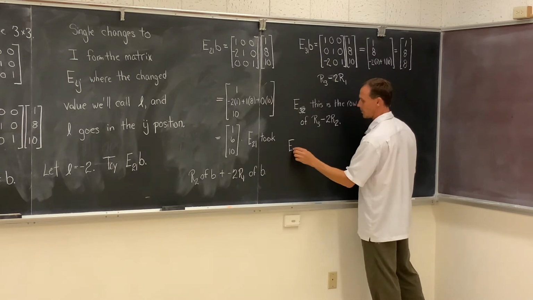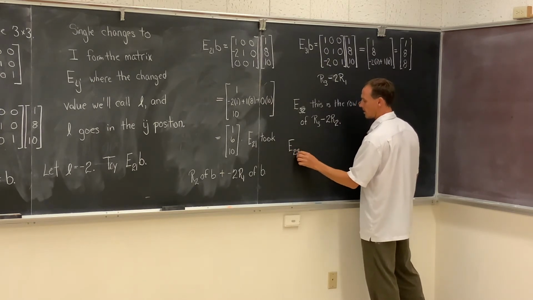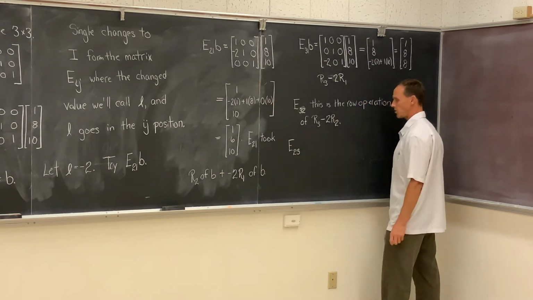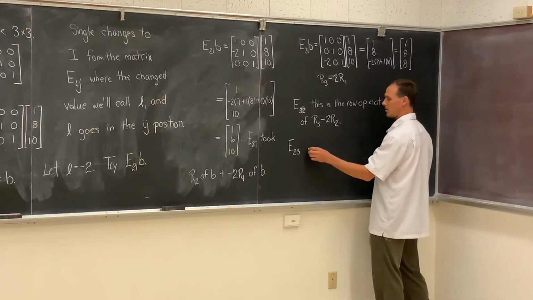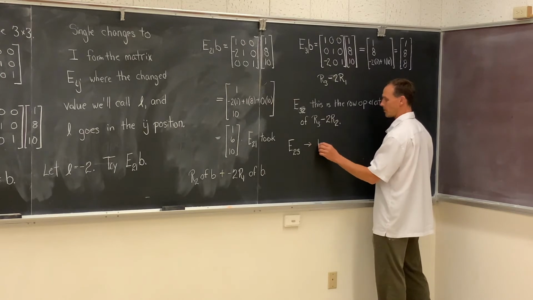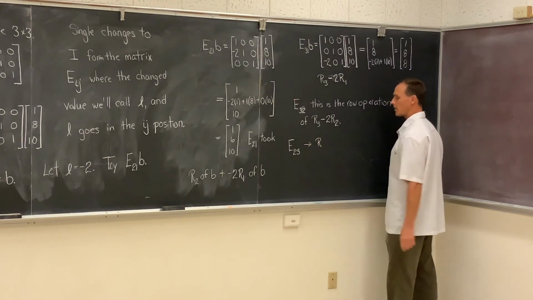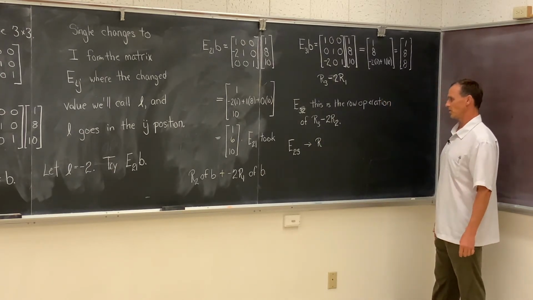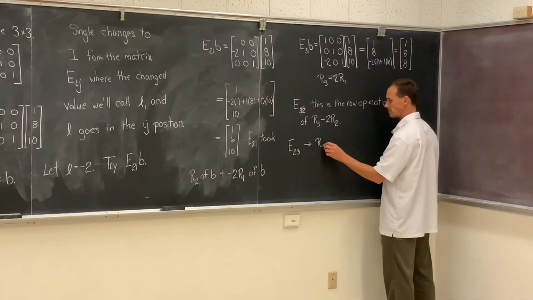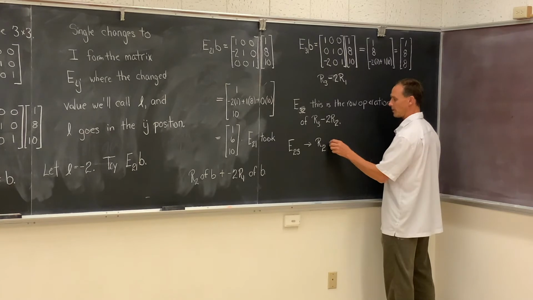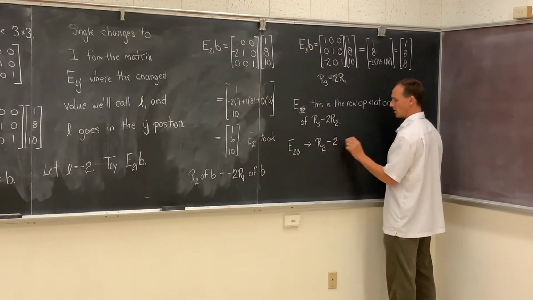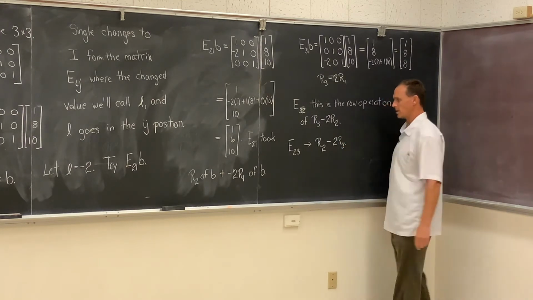Let's switch these. What if I had 2, 3, row 2, third position? Well, this is kind of an odd one, but what this would do is give me the row operation of row 2, and then we would be subtracting 2 times whatever is in row 3.